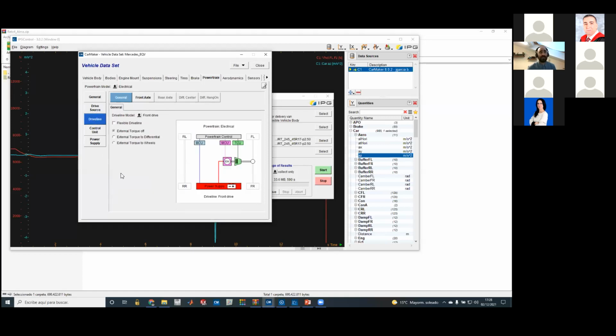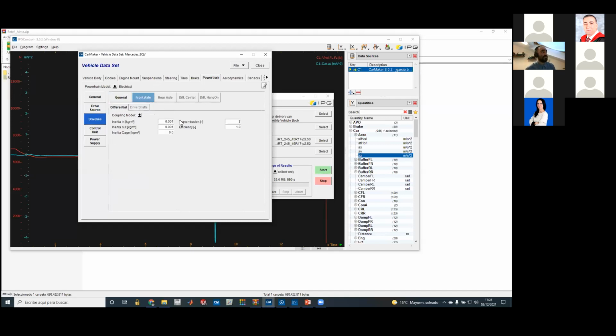You can define if you have the engine on the front with an axle taking the power to the front wheels, or to the rear wheels, or whatever combination you need to design, and also the aerodynamics acting on the vehicle.